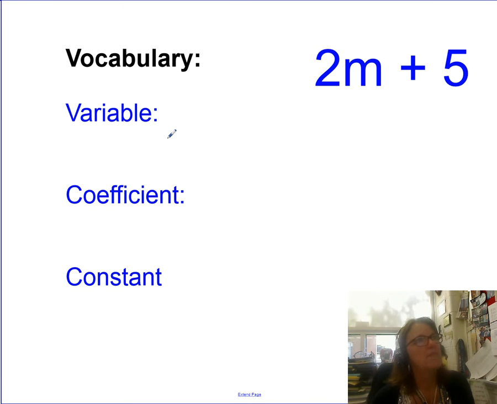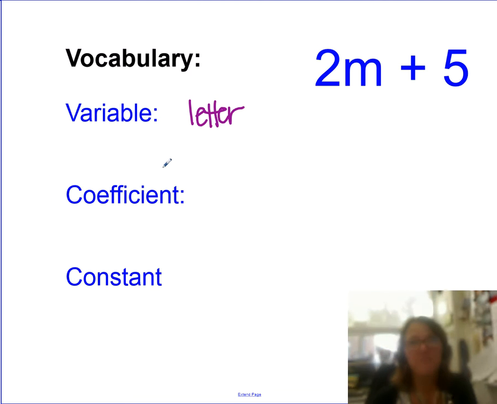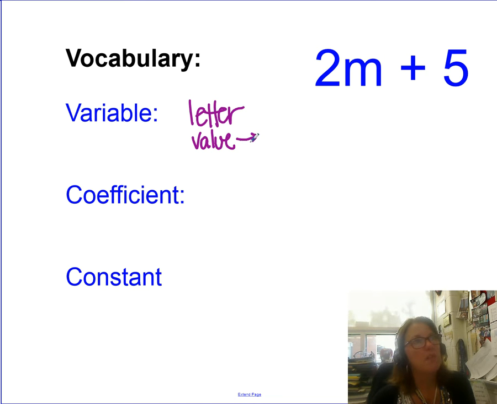I don't get super proper grammar-y when we're doing definitions. These are your notes, and I like to just put little chunks, little words that represent this, so I'm not so specific about writing a whole sentence. A variable is a letter. And this letter happens to stand for or represent a value, and the big thing here is that this value changes.